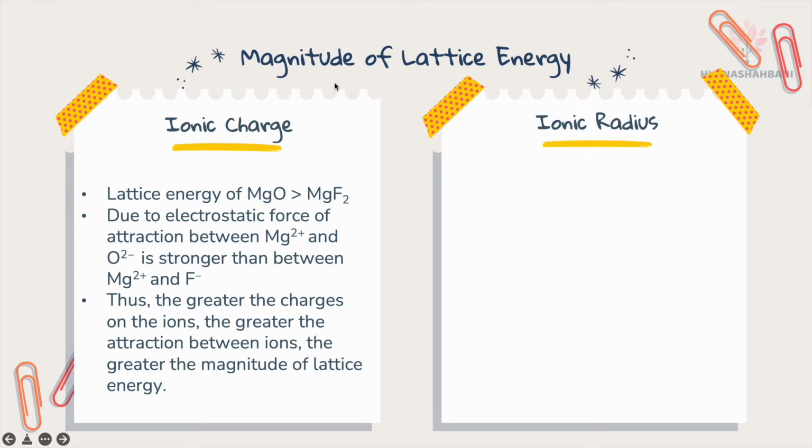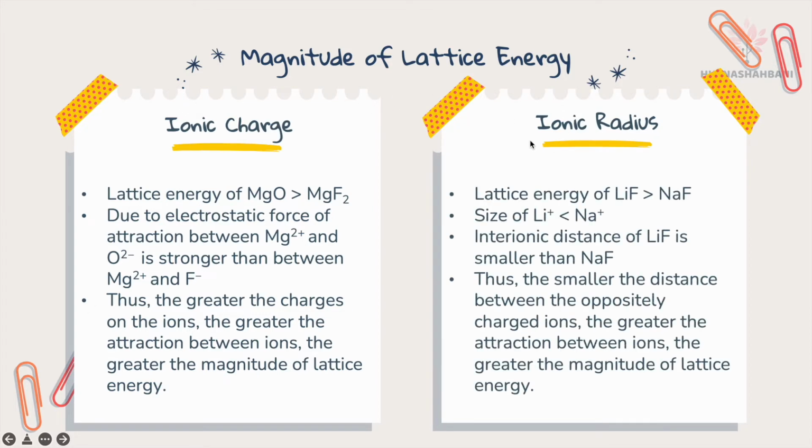The second factor for lattice energy is ionic radius. Lattice energy of lithium fluoride is bigger than sodium fluoride. This is because the size of lithium ion is smaller than sodium ion. If the size of lithium ion is smaller, the interionic distance of LiF, meaning the distance Li is bonded to F, is smaller, it is closer.